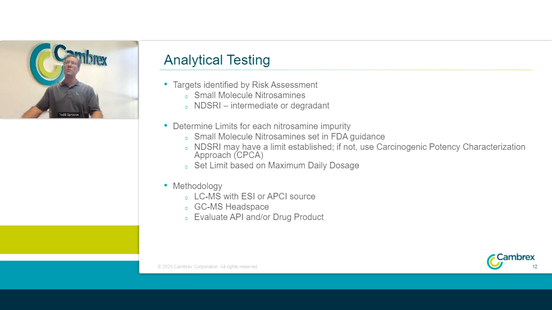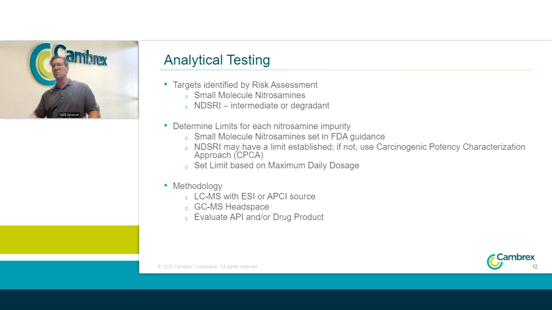So with the analytical testing, obviously we've identified all of the targets through the risk assessment, whether they are the small molecule nitrosamines or an NDSRI, and even intermediates or degradants. Please don't forget those. To design a method that is scientifically sound for testing of those nitrosamine impurities, we take that risk assessment, and we also need to determine the limit for each of those nitrosamines.